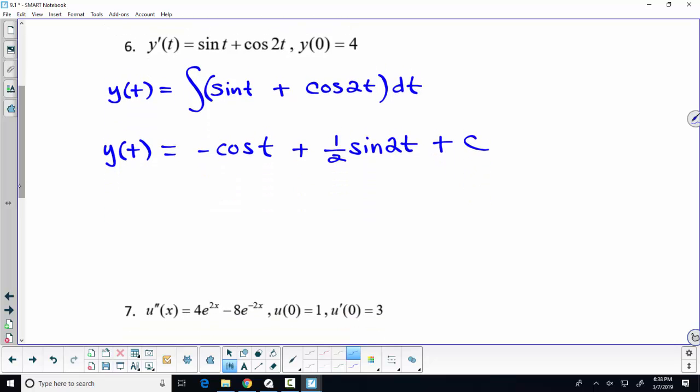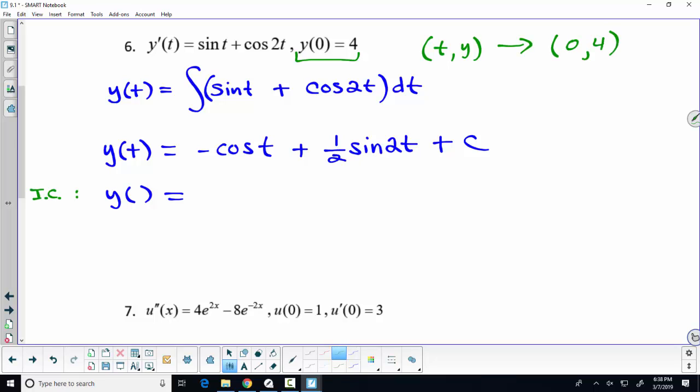Then we're going to use the initial condition, y of 0 equals 4. The t is our independent variable, so this initial condition is the point t comma y, 0 comma 4. We're evaluating that at 0, and it comes out to be 4.